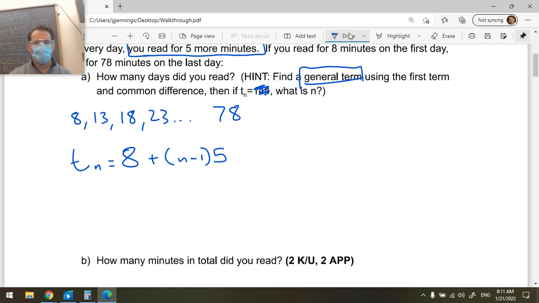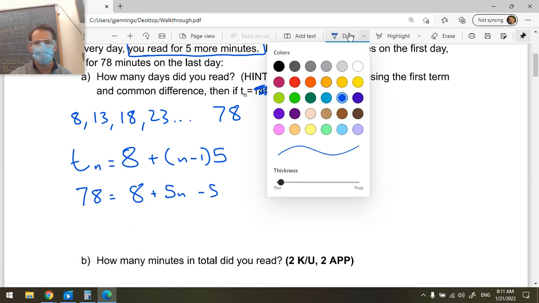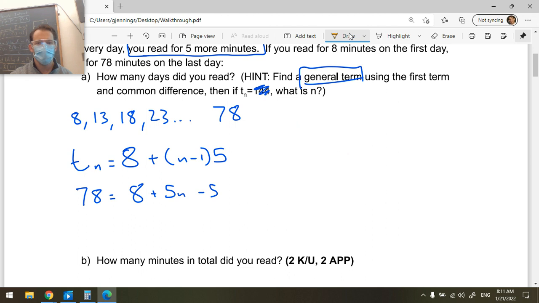Now I know that on one day it was 78, so I'm going to put that in over here. 78 is equal to 8 plus n minus 1 times 5. Do the BEDMAS: 8 plus 5n minus 5. Then I'm going to subtract 3 from both sides, because I see that 8 minus 5 is 3.